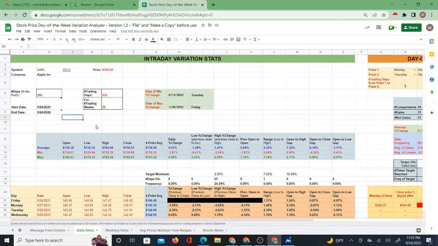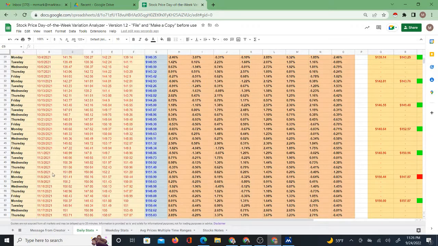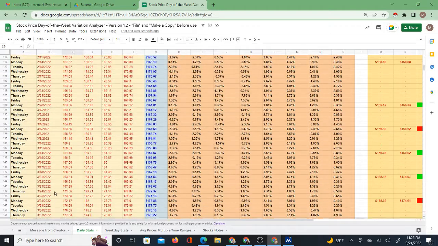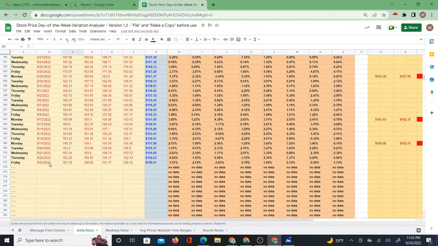All right. So now let's take a look at what actually gets pulled up. What gets pulled up are the 4 price points of each stock market trading day. We get the open price, the low price, the high price, and the close price of each of these trading days from September 24th, 2021 all the way up till the last trading day, which was yesterday, September 23rd.